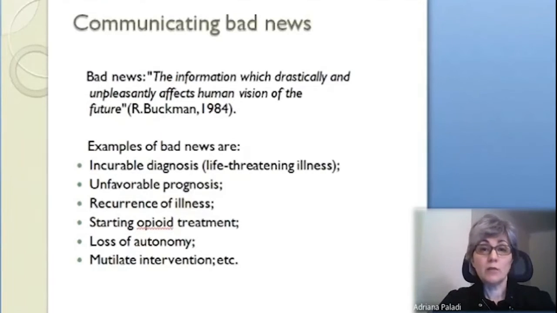In palliative care, examples of bad news could be information about an incurable diagnosis or life-threatening illness, information about unfavorable prognosis, information about starting opioid treatment, information about the possibility of loss of autonomy, information about necessity of mutilating intervention.